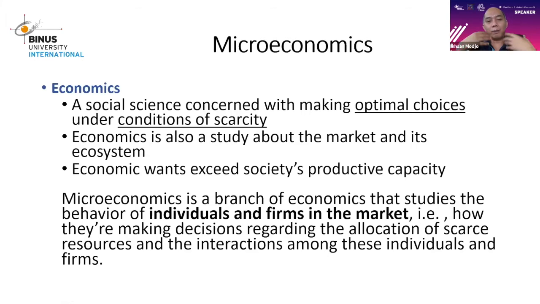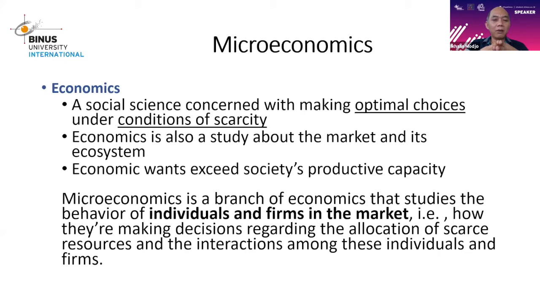The focus is bigger. The focus is more on the aggregates of individuals and firms and how they behave in one big system, the ecosystem of an economy. But in microeconomics, our focus is simply on individuals and firms in the market, right? The last one is very important.